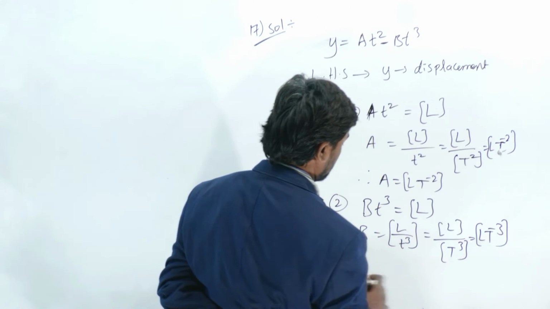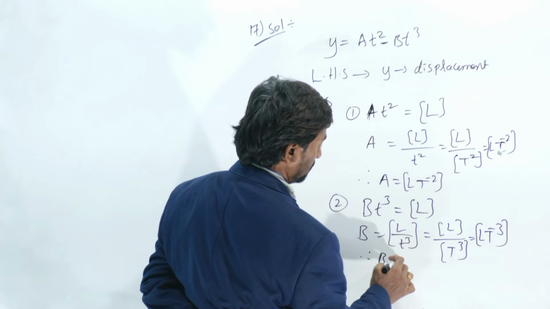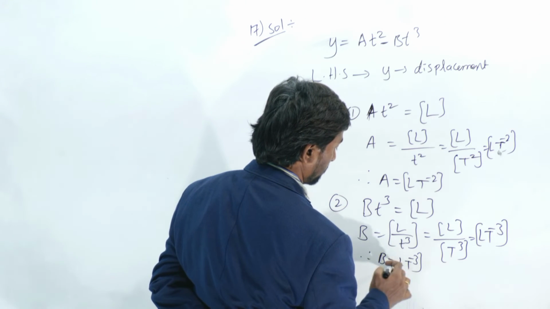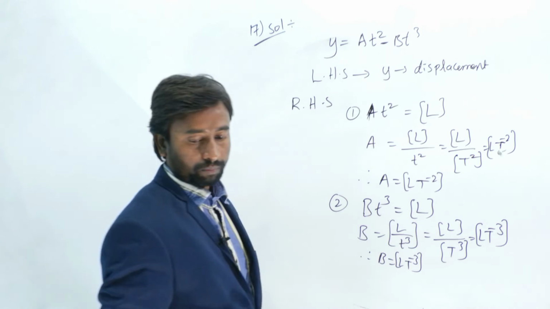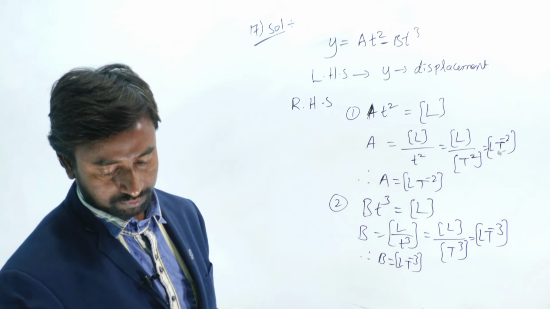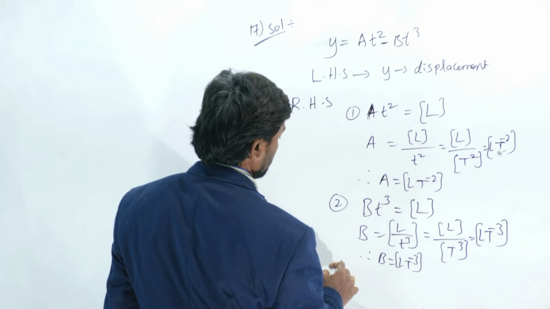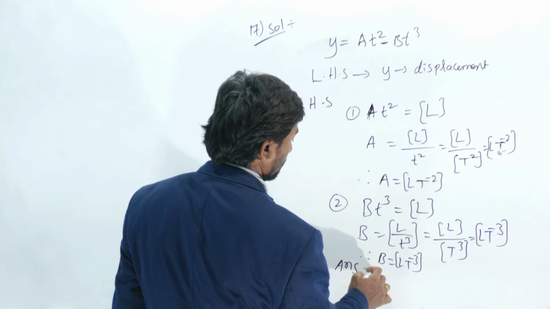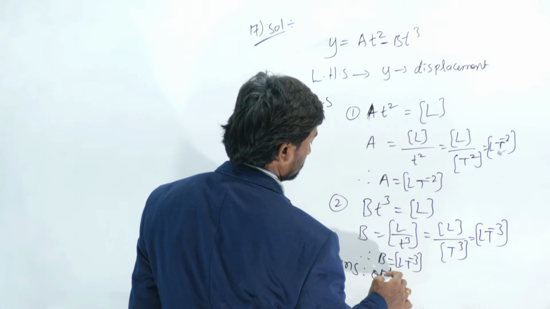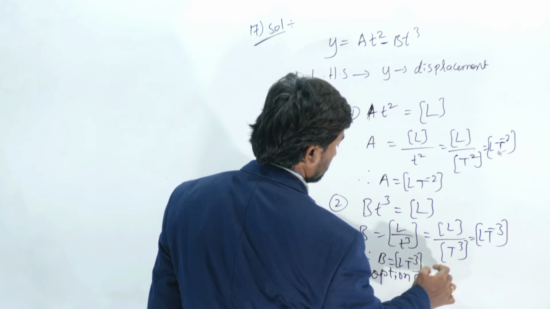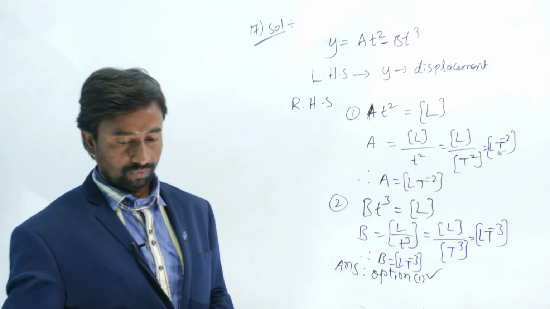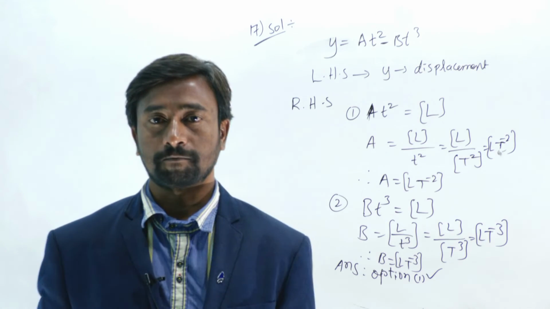L T power minus 3 is the dimension formula of B. So here the correct option is option 1. Option 1 is the right answer.